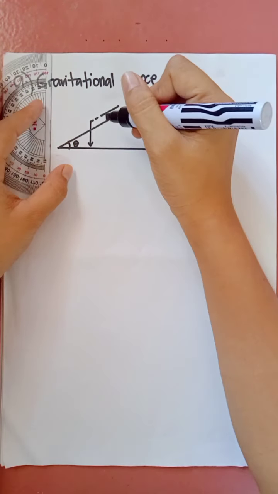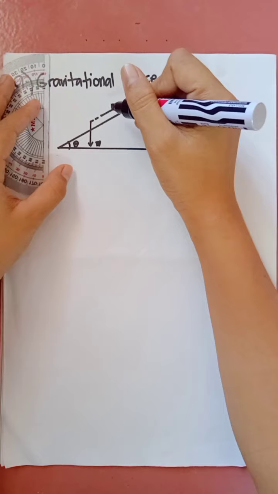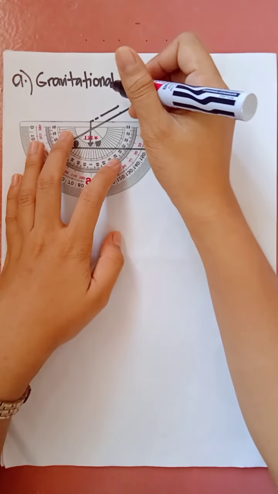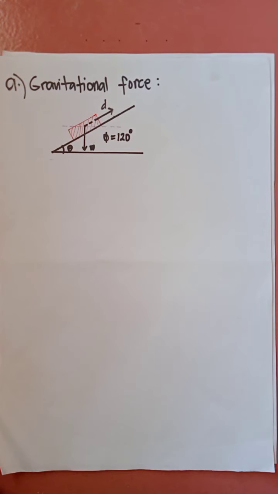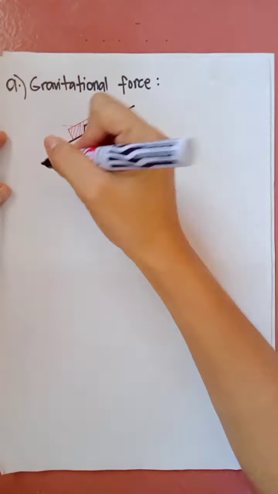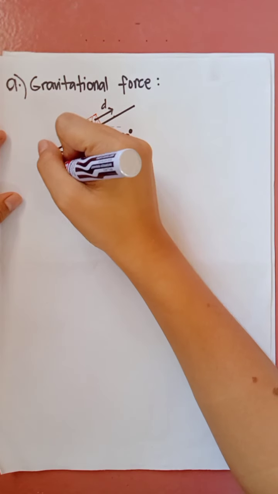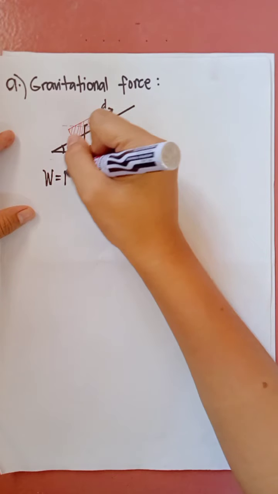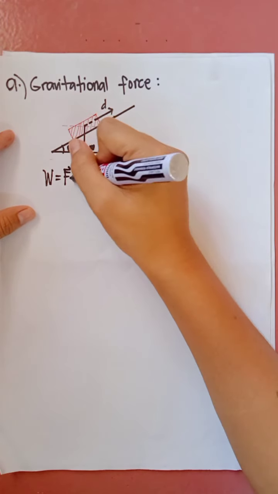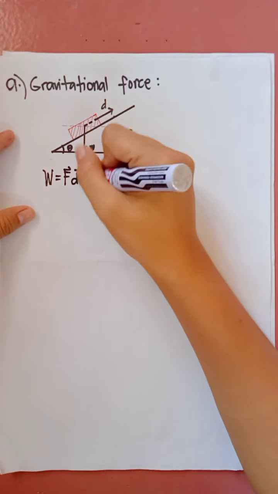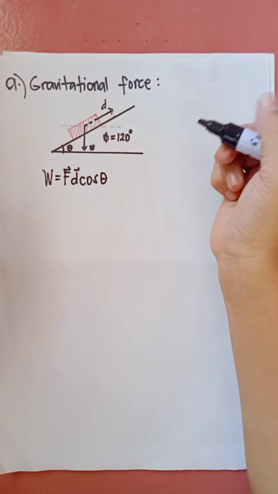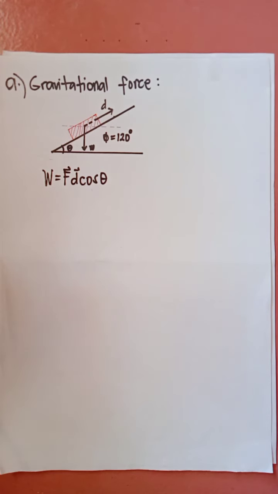Theta. Work done is expressed in the equation F displacement cosine theta.